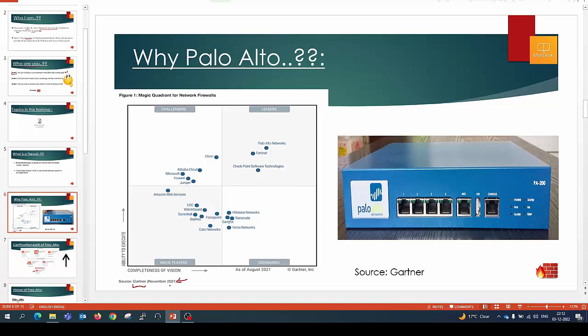But this is the last report, and you can see till 2021, Palo Alto was in the leaders section. So we have three companies in this leaders board, where Palo Alto is one of them, or I should say Palo Alto is on top of them. And why? Because there are so many features and functions which are only available in Palo Alto.